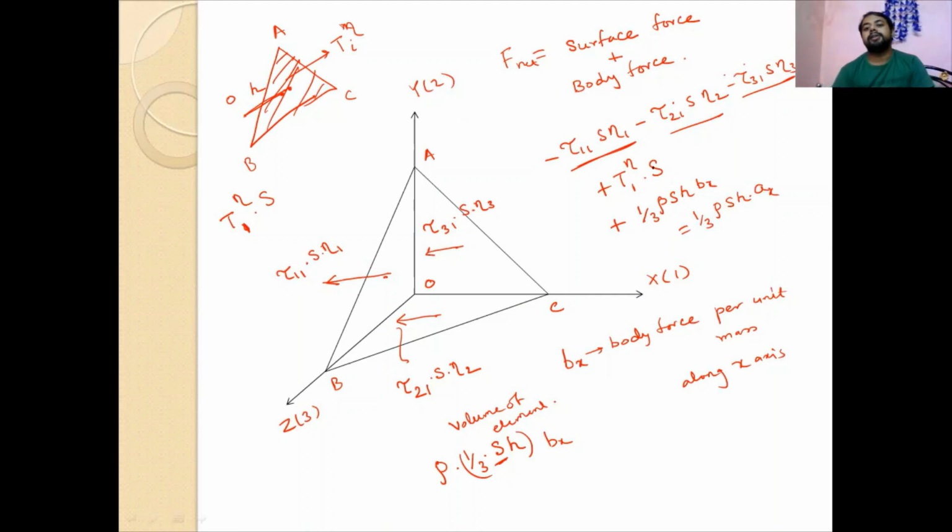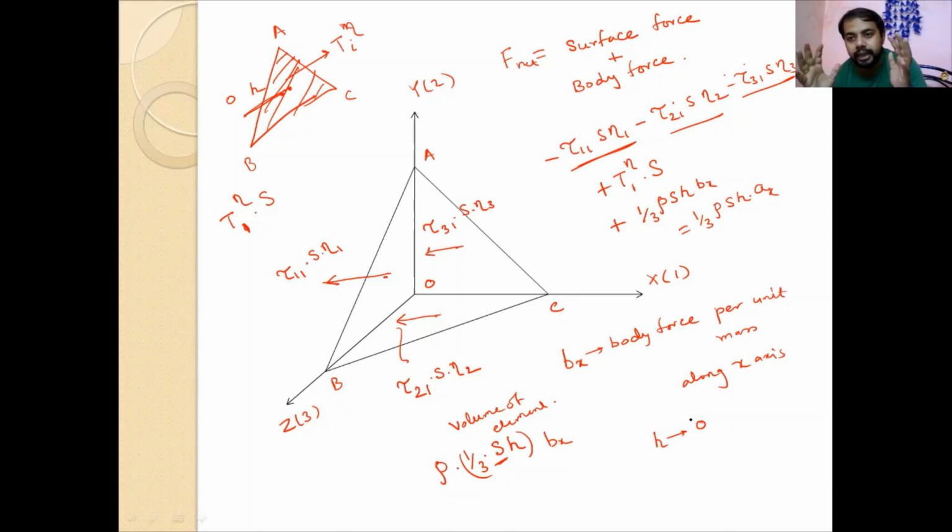Now our consideration is that we have to converge this total fluid element into zero. How? That means H tends to zero, because the stress is acting over only a point, the state of a point.